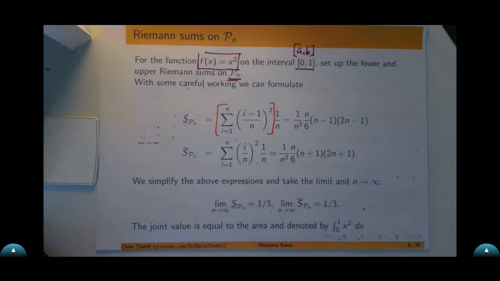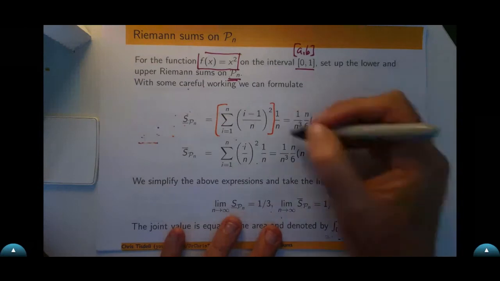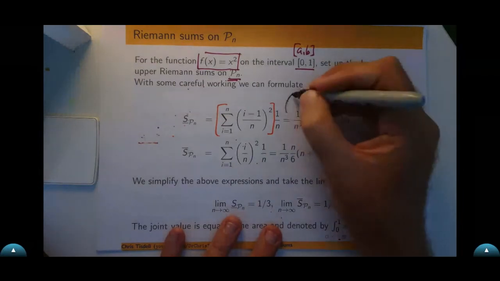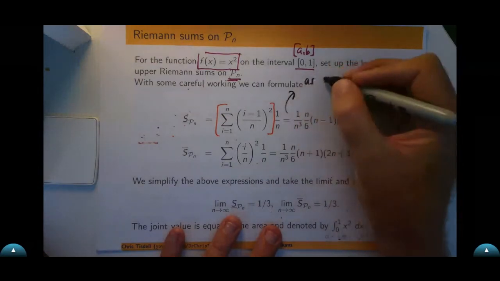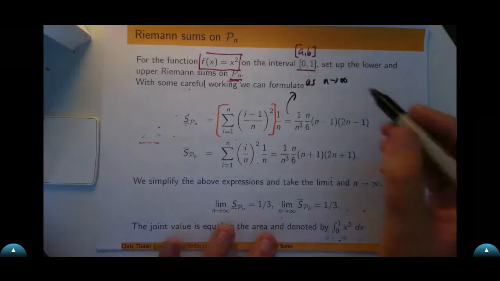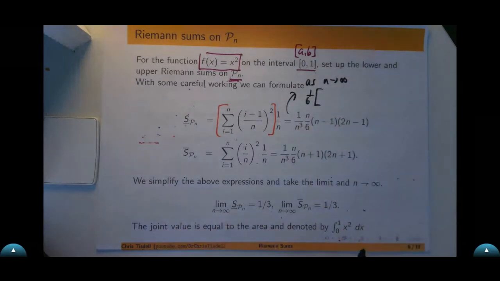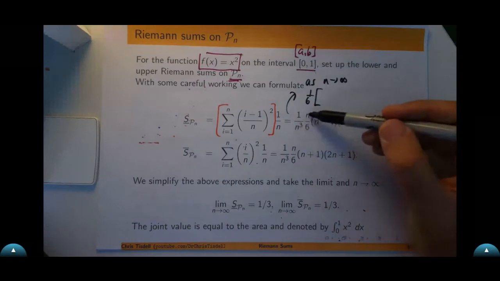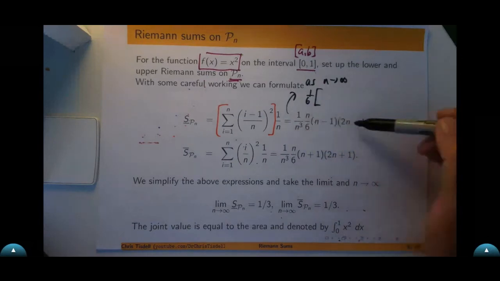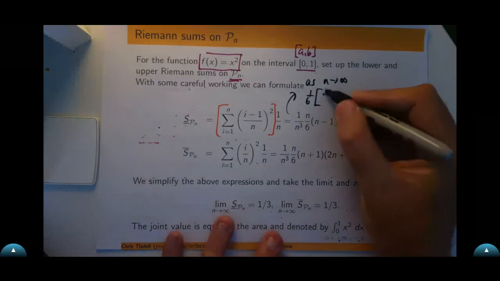Let's see what happens when we try to simplify this as n goes to infinity, right? What are we going to get? Well, we're going to get 1/6. Let me just get my notes here. If we divide this n cubed into the n and n squared into the rest of it, you'll get something like this.